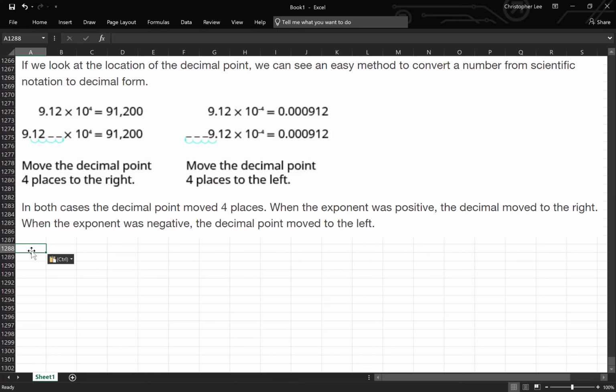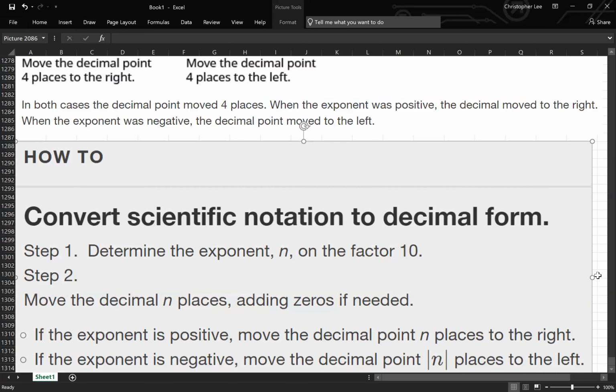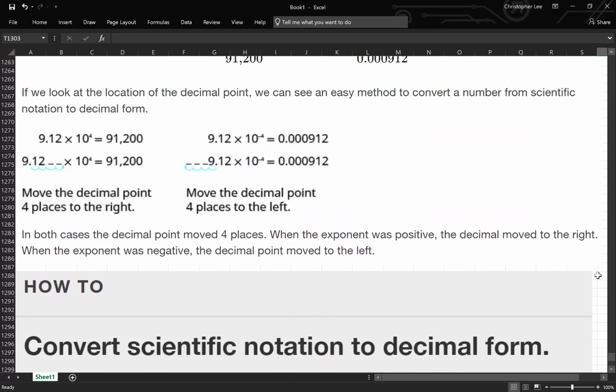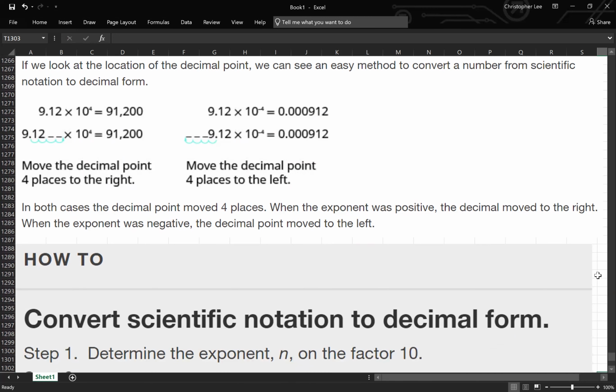For those of you that didn't get the notes, I got you. Give you a little how-to. So how to convert from scientific notation to decimal form? Step 1, determine the exponent n on the factor of 10. So what is that power that we raised the 10 to?